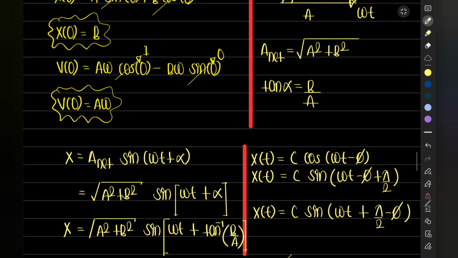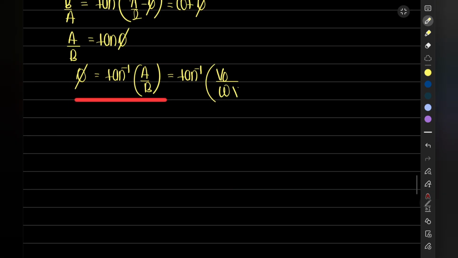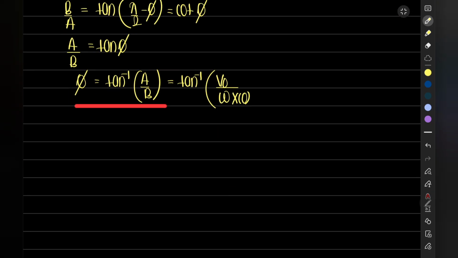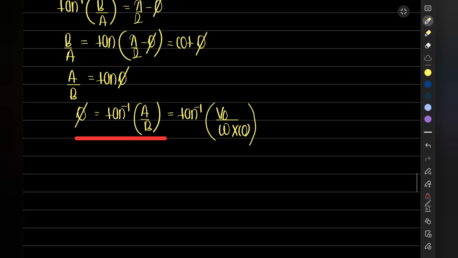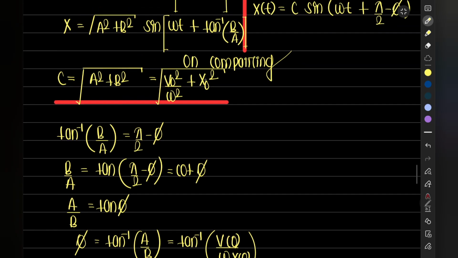Value of b is basically your x naught, not x naught, it is x of 0. Now from here we got our value. Let me correct this part also. It is v of 0, and this is also x of 0, this is also v of 0. So these are the values we have.